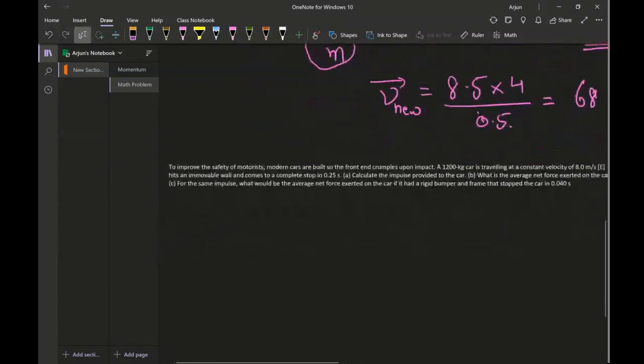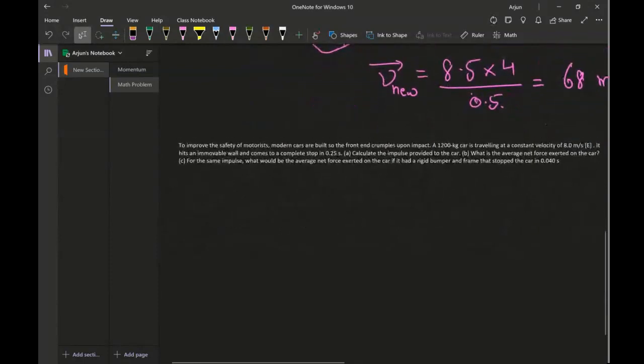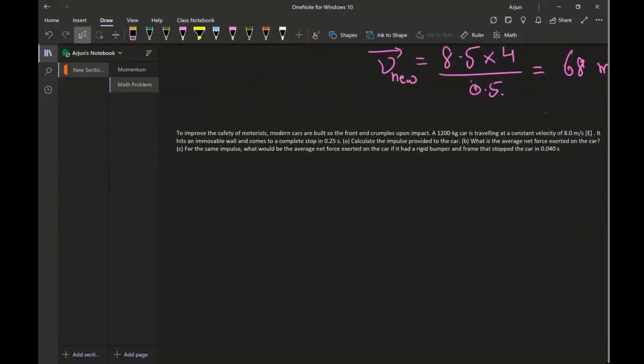Now, let's look into another question on the momentum. To improve the safety of motorists, modern cars are built so that the front end crumbles upon impact. A 1200 kg car is given to me, which is traveling at a constant velocity of 8 meters per second in the east direction.